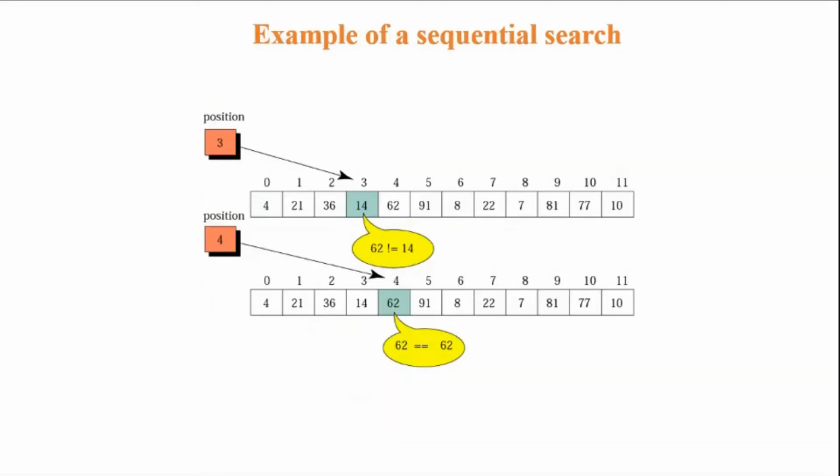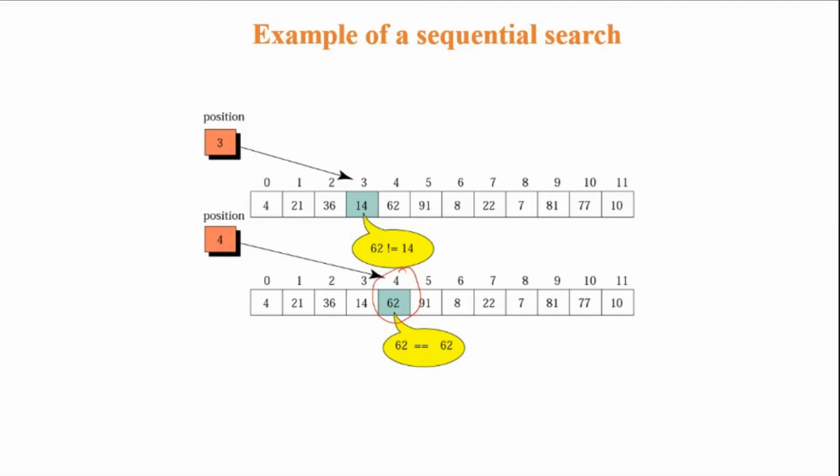So likewise we proceed. We next search for the index 3, that is the location 4, and we don't get 62 there. And when we reach the index 4, the fifth location, we get 62 equal to 62. So we have found 62 in this case. Then we say that the value 62 is found at location 5, or index 4.